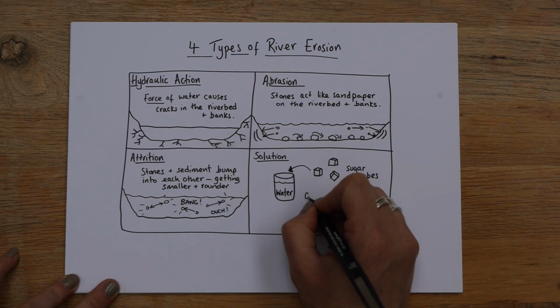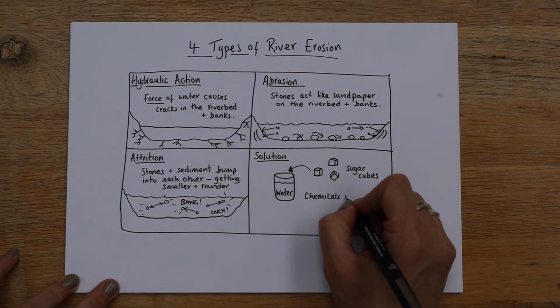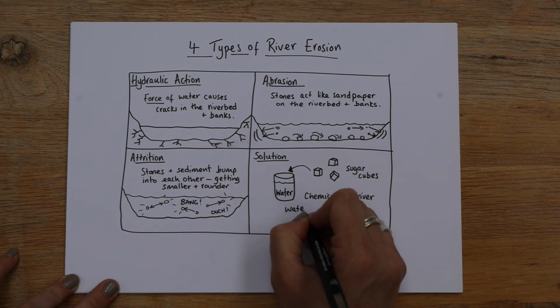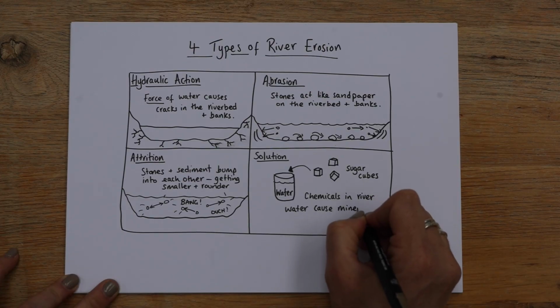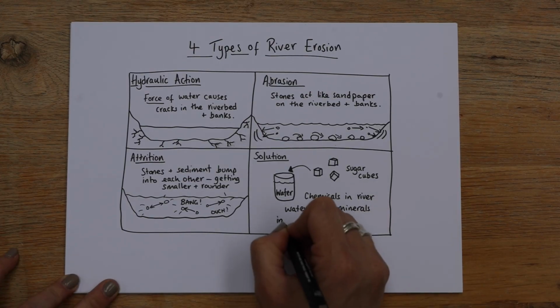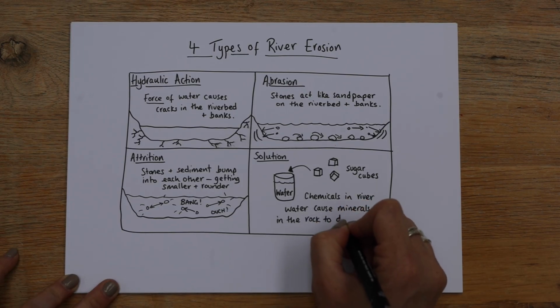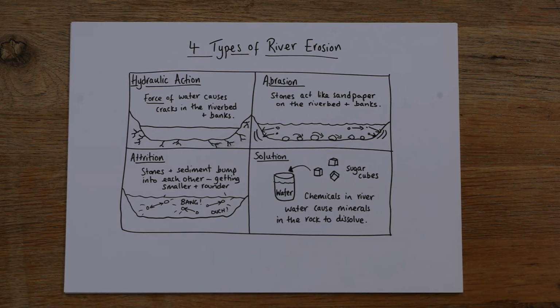So we're going to write: chemicals in river water cause minerals in the rock to dissolve. Okay, and it's as simple as that. So there you go, your 4 types of river erosion, and I just hope that was helpful.